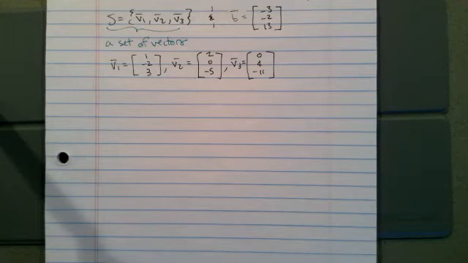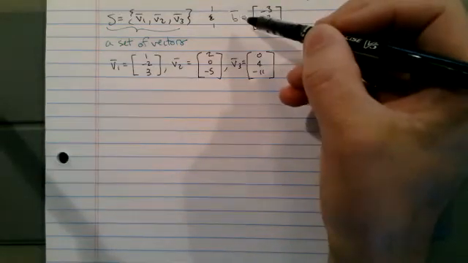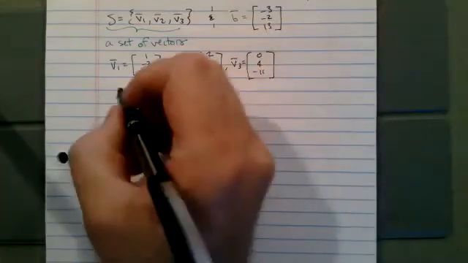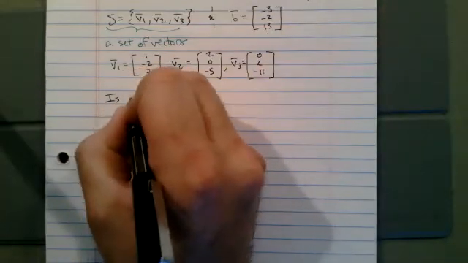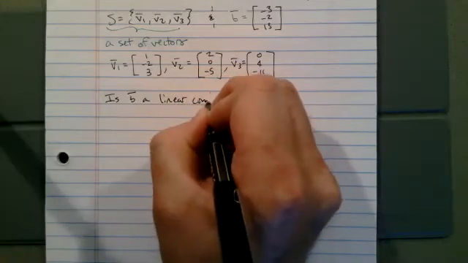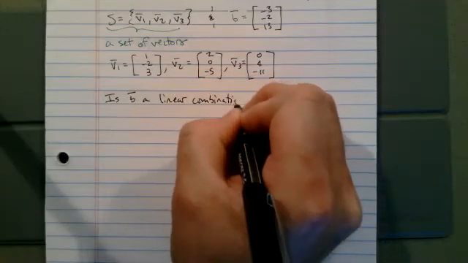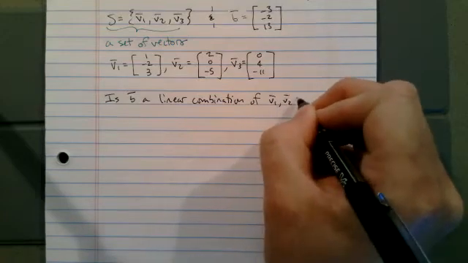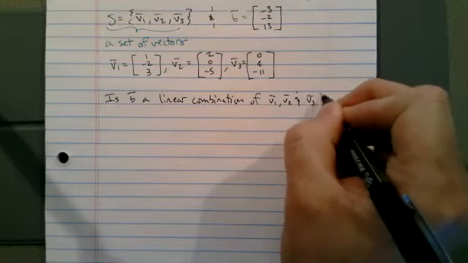So the question that we might be looking at in this kind of setup is: is the vector b a linear combination of the vectors v1, v2, and v3?